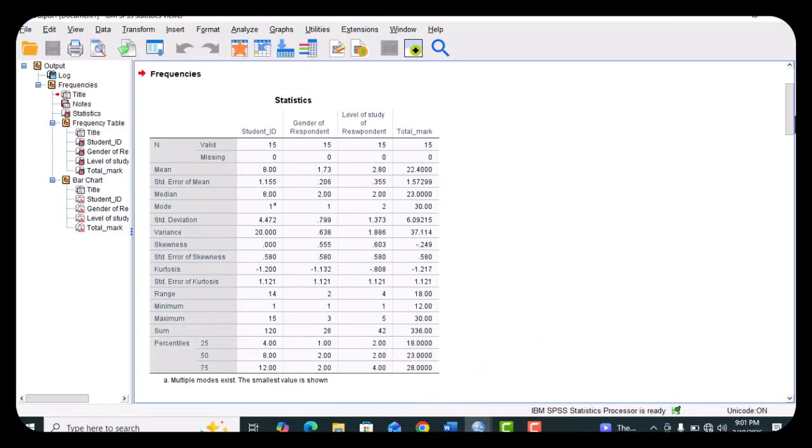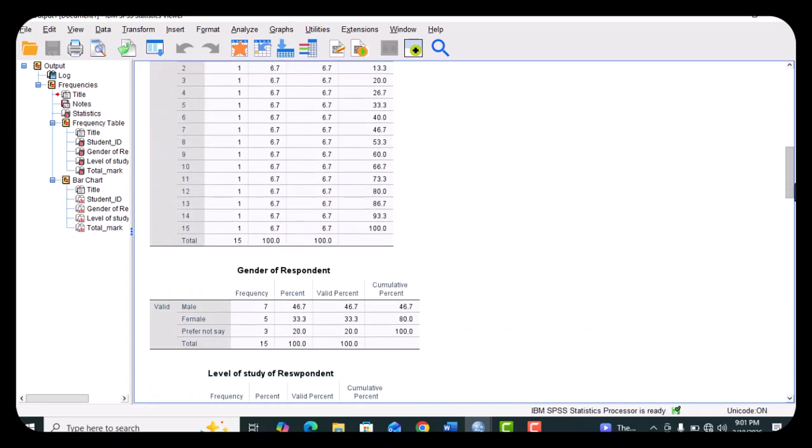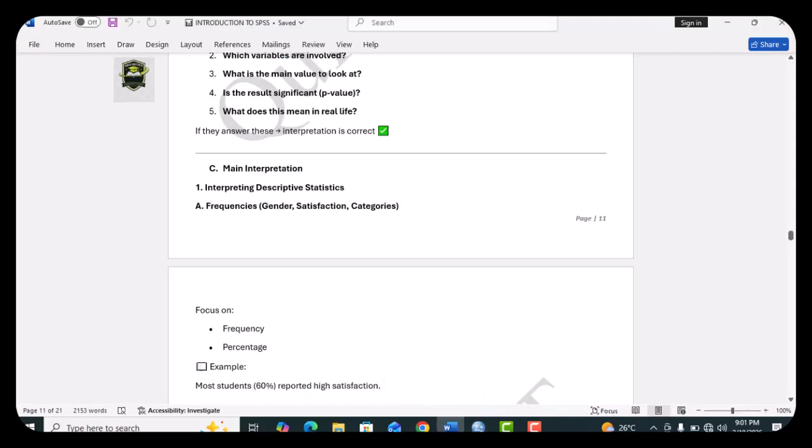Here we have the gender, and you interpret the number of students, the number of respondents, where male has the highest number of participants, and we have female, and the least is 'I prefer not to say'. You can interpret this as male having the highest number of respondents, along with the percent. It's just like you are telling people what they need to know about the table that the output has already given out.